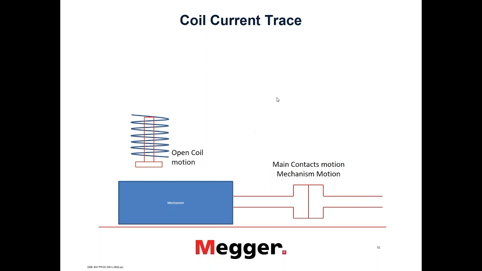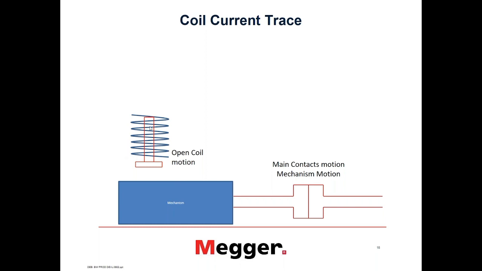When you first give the close or open pulse to your closed breaker, here you have the main contacts of the breaker. This is usually in SF6 gas or air blast or whatever interrupter you have, and these are controlled using a mechanism, a mechanical device that stores energy and then releases it very fast to operate the breaker. This mechanism is controlled by a coil, latching it.